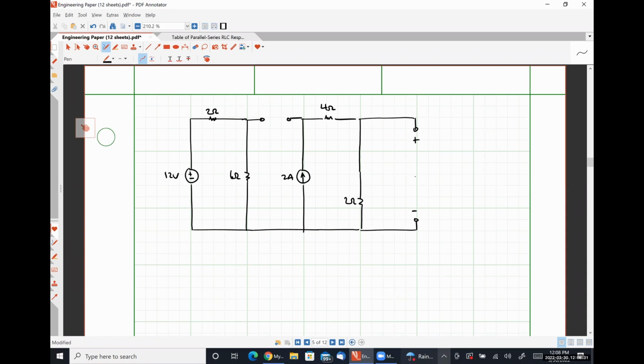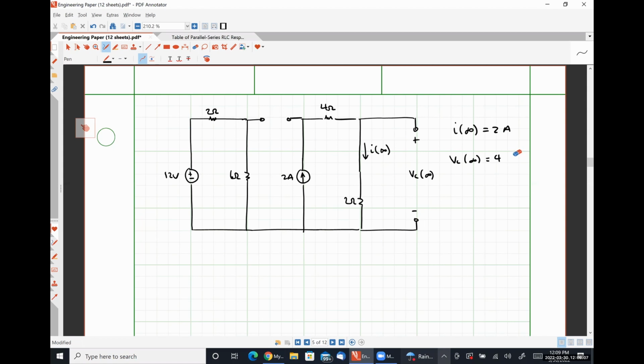And we need to know VC at infinity and I at infinity. Anybody care to take a crack at either of these quantities? I is 2, which means VC is 4. All right, excuse me, 4 volts.